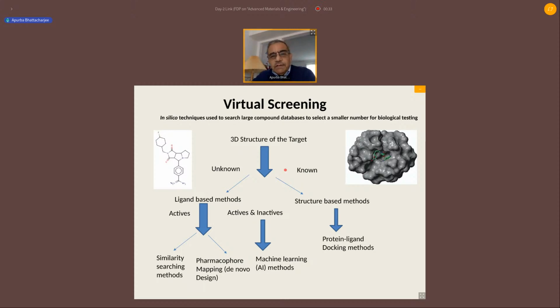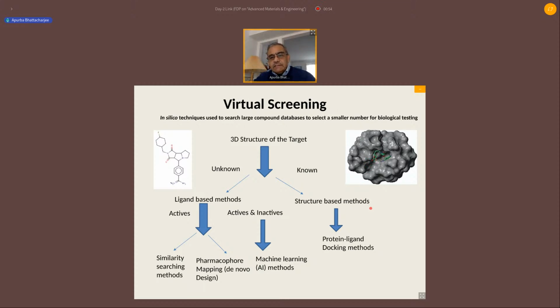You can take molecules from the compound databases, from different sources, and dock these molecules in the active site, as you see here that I've shown on the right-hand side of the screen. These are called the structure-based methods.